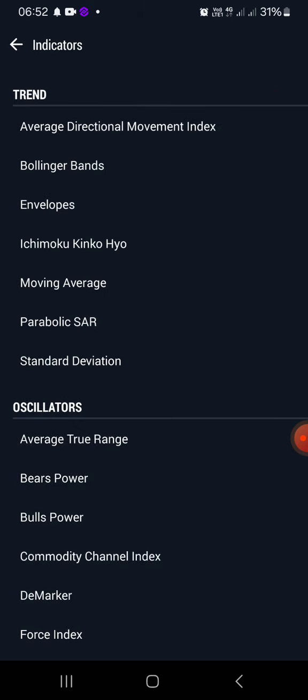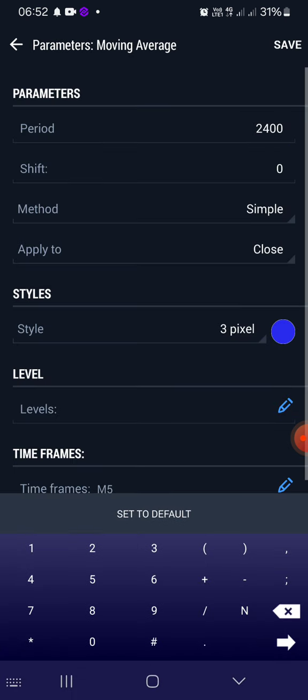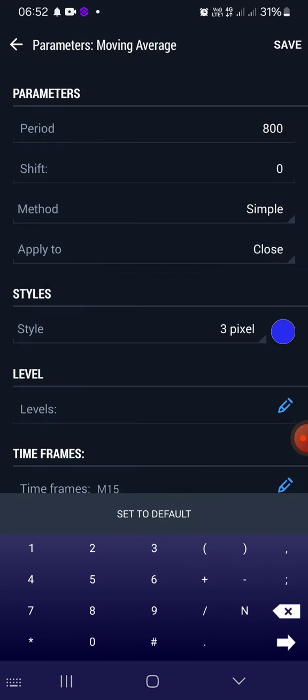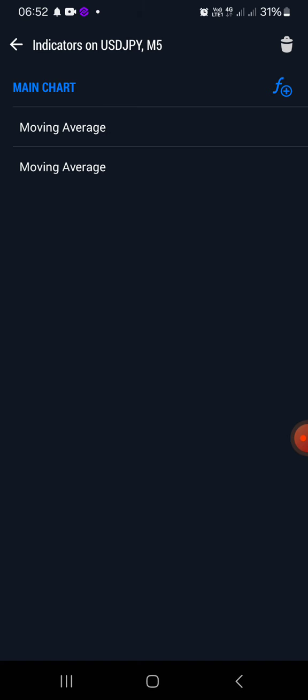For 15 minutes, I'm going to the next moving average. For me to see the same thing I need to look out for in the market, I just need to keep the color the same. I am using 800, and this time around I'm going to change the time frame to 15 minutes, and that's all. So 800, 15 minutes.